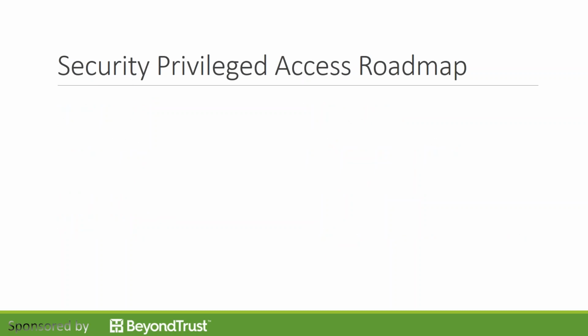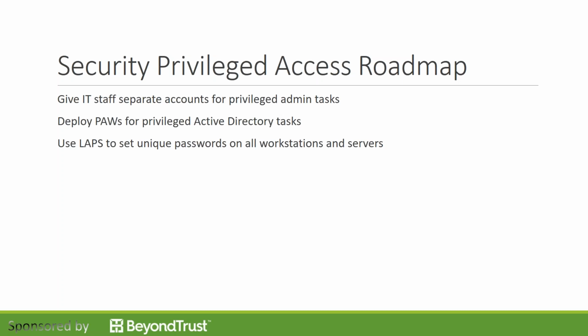So, how do we go about actually securing our domain so that hackers can't laterally move across the network with those privileged credentials? So there are three phases to securing your Active Directory. So the first phase, and this is not a comprehensive list of all the things that you should do, but it's probably the most important things that you should do as part of the first phase.